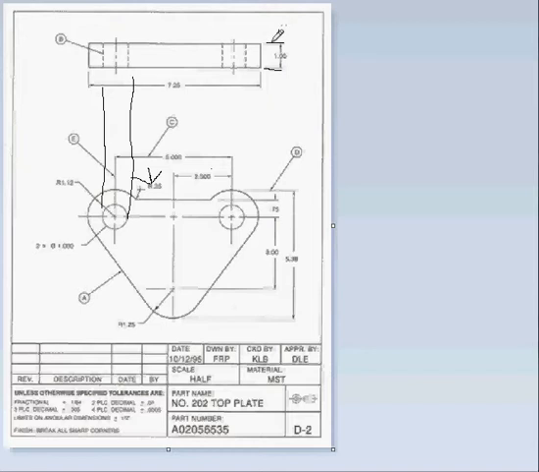So this line right here would be an extension line. Extends off the edge of the object. This one over here would be as well. This line right here that has the number in it and has arrows on it, that is actually what we call a dimension line. So extension line and then a dimension line.